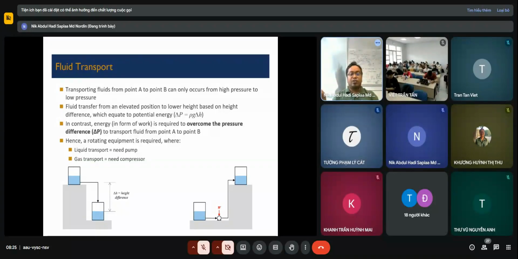All of those involve transporting a fluid from point A to point B. So fluid, let's recall the definition of fluid. Fluids can be either gas, liquid, or a mixture of these two.